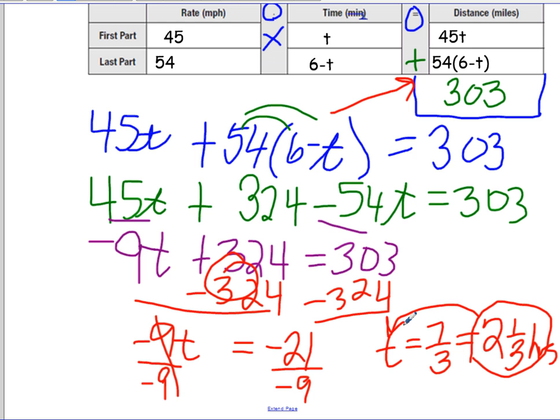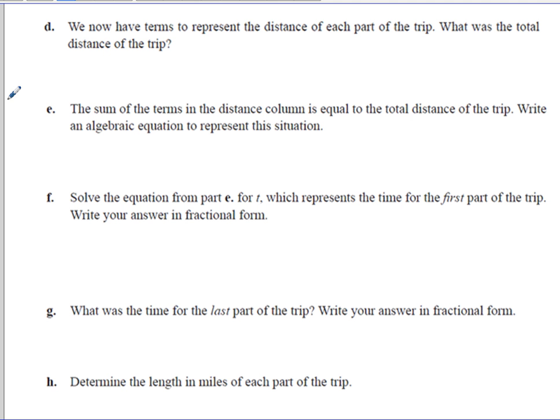Okay. So now let's fill all this good stuff into the questions that you have in your workbook. So again, we now have the terms to represent the distance. What is the total distance of the trip? And that would be the 303 miles.